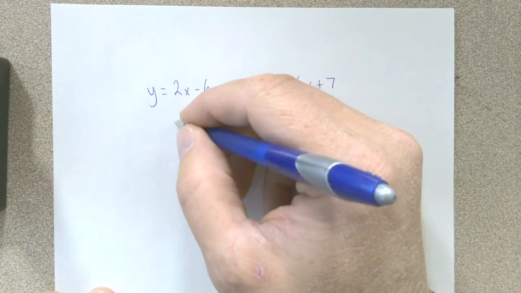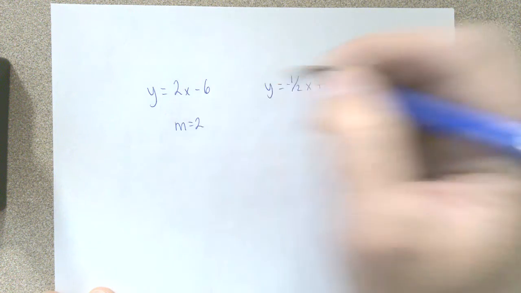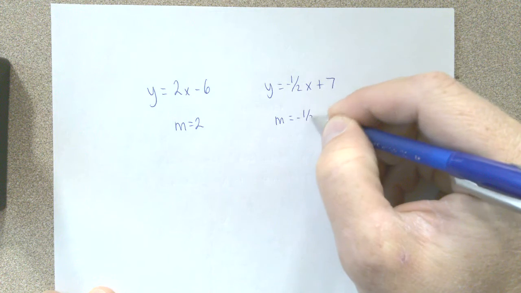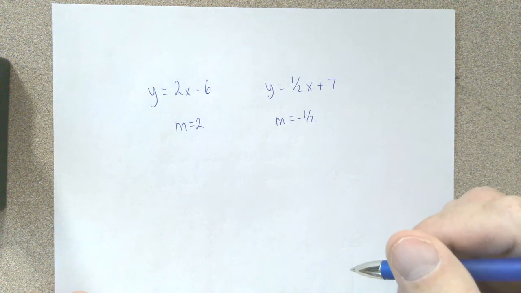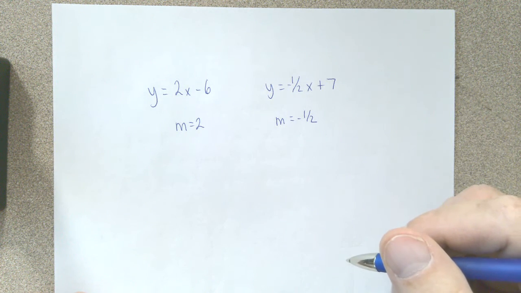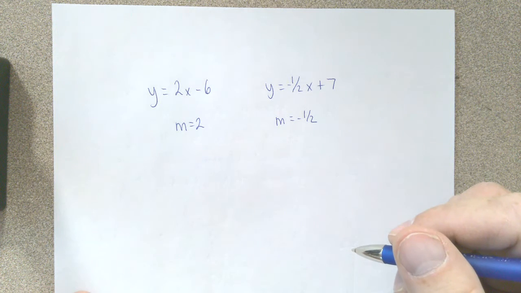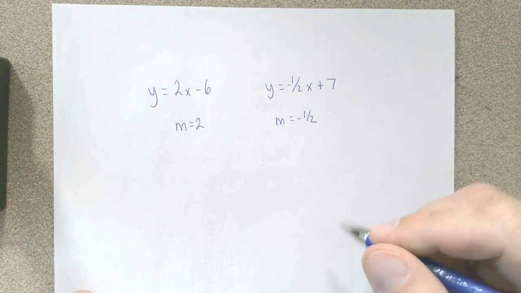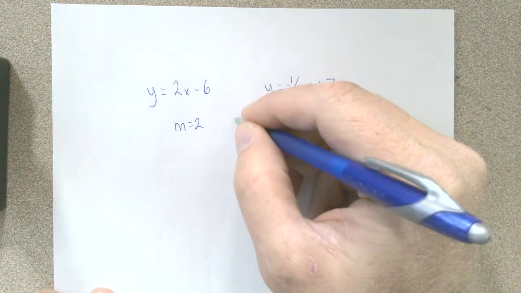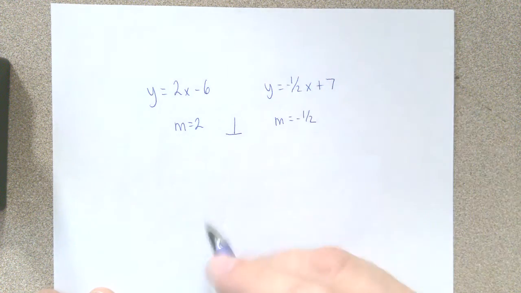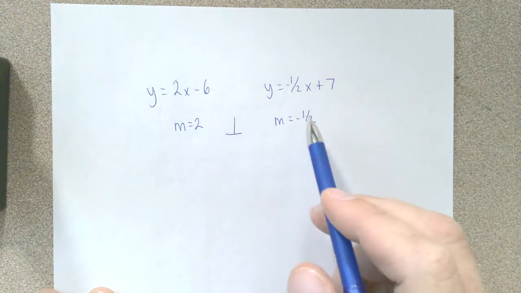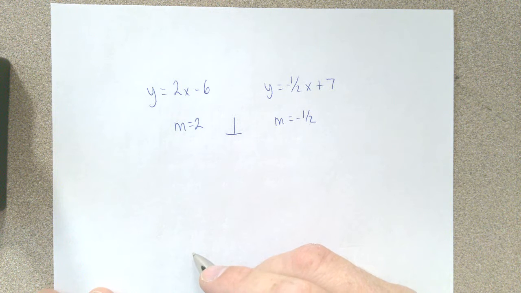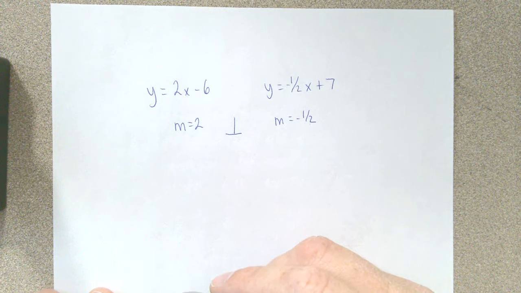The first one, the slope would be 2. The second one, the slope would be -1/2. So what does that tell me about my lines? Yes, so we would say these two lines are perpendicular because 2 and -1/2, they're opposite reciprocals. So we would say that those are perpendicular.